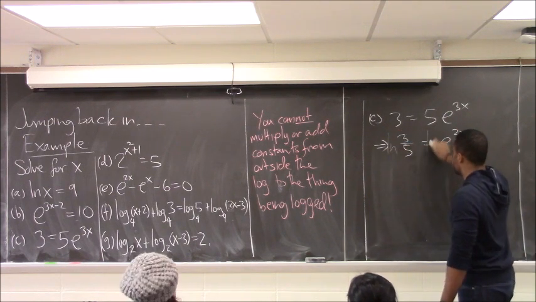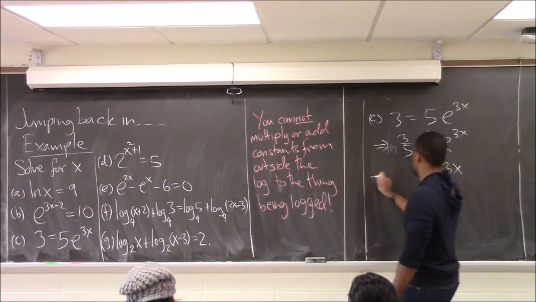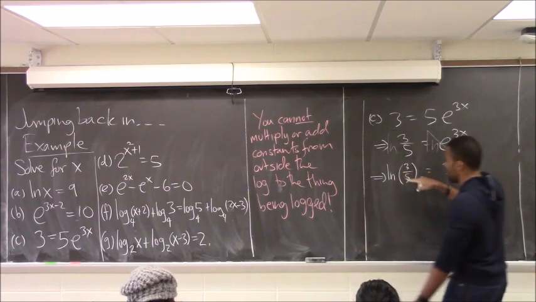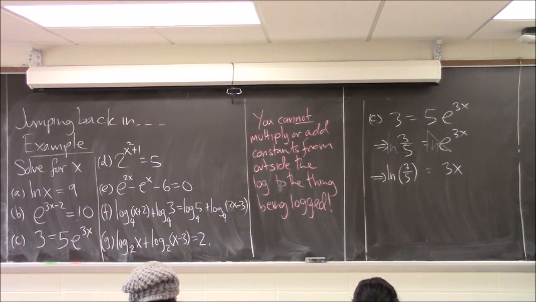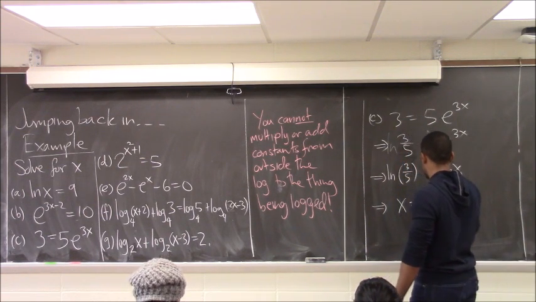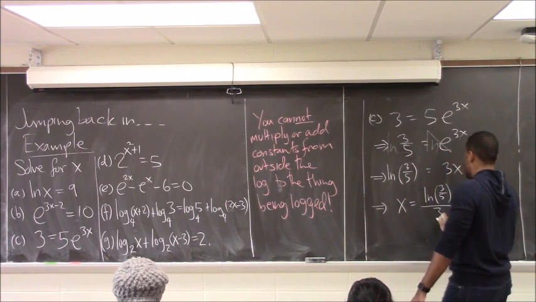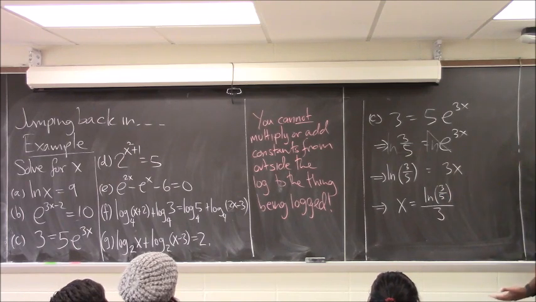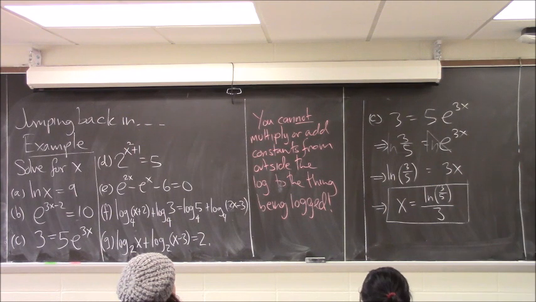Log both sides. Log kills the exponential here, that's 3x. So this gives me ln of 3 over 5. Now the 3 over 5 is inside the ln here because I actually did the division before I did the log. And so now I can just solve for x by dividing both sides by 3. The 3 does not mess with the 3/5, so I don't cancel the 3's or anything like that. That is the answer. I'll leave it like that. That's what my x has to be.